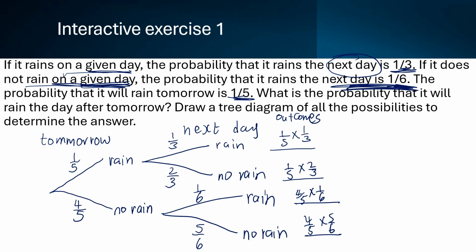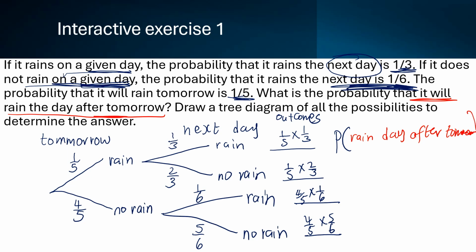Okay, let's go and answer the question, because the question is looking for the probability that it will actually rain the day after tomorrow. What's the probability of it raining the day after tomorrow?